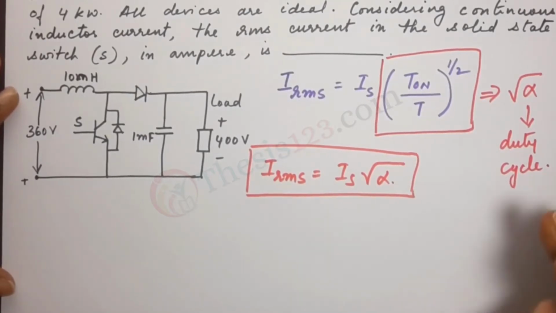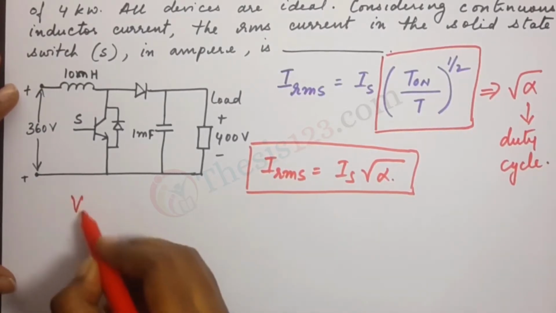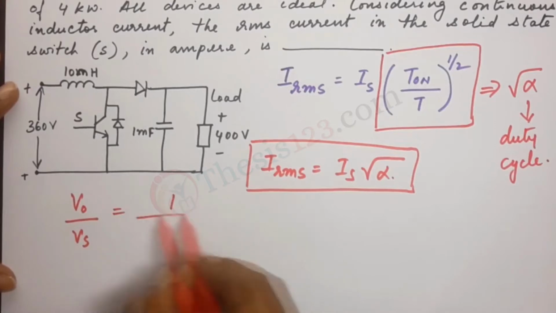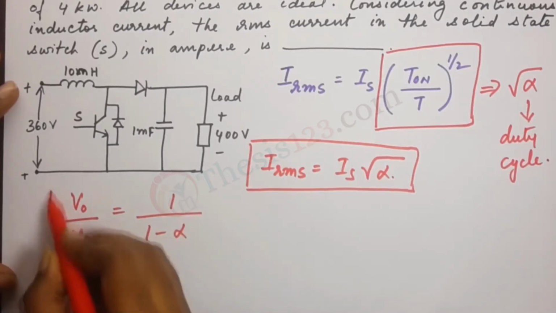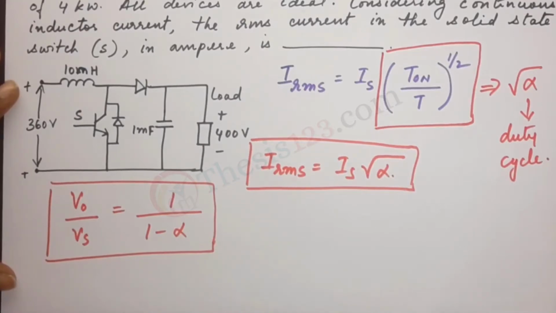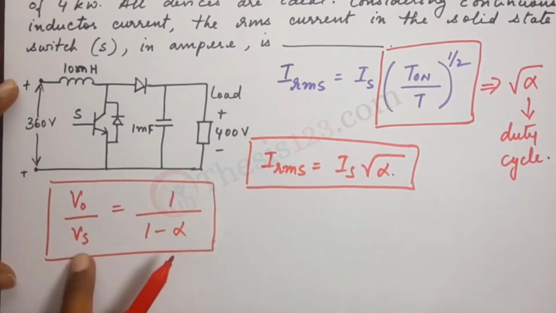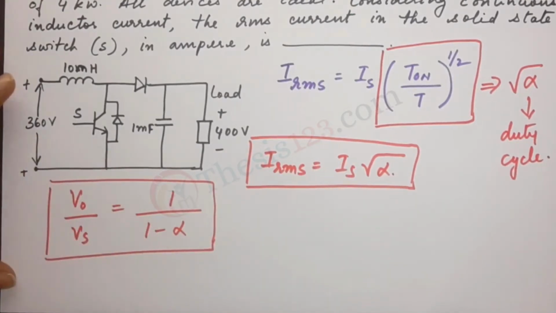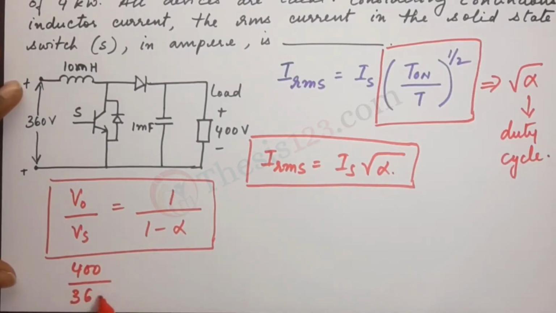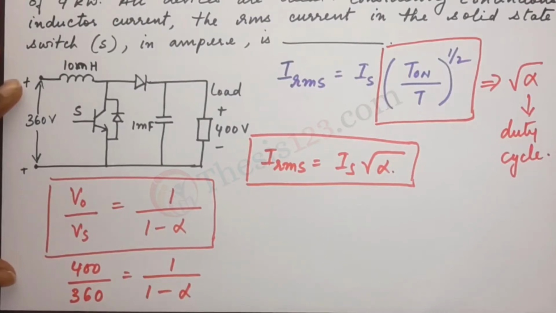Okay, so for a DC to DC boost converter, we have a relation V0 by Vs is equal to 1 divided by 1 minus alpha, where alpha is the duty cycle. V0 is 400 volts, Vs is 360 volts. So let's substitute: 400 divided by 360 is equal to 1 divided by 1 minus alpha.